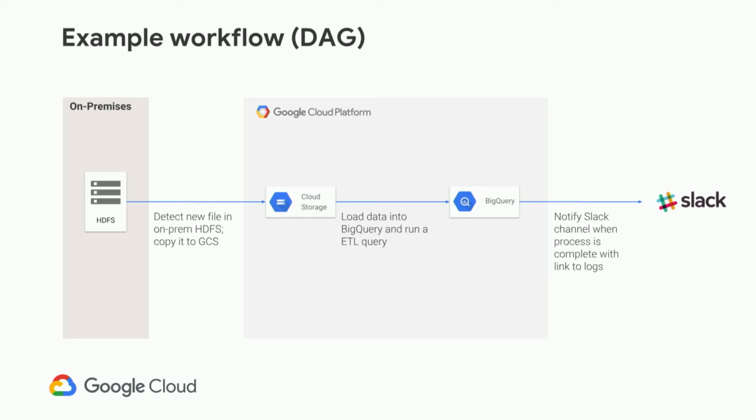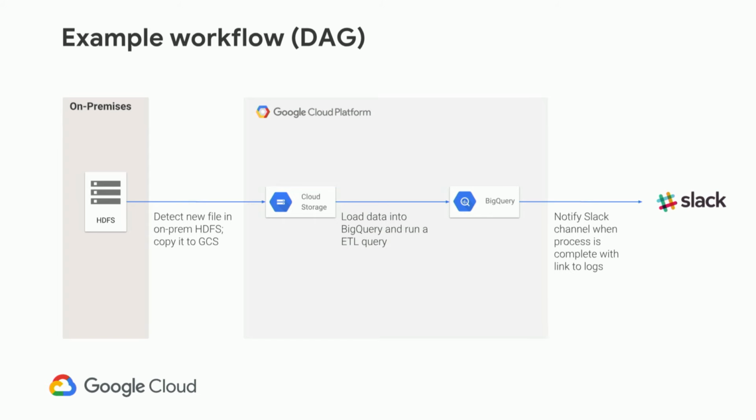And once the data is available in GCS, you may want to launch a BigQuery job and process the data and then get some useful insights from the data. And once those insights are available, you may want to send that data to a Slack channel. So that could be some of the typical workflows you will run inside Composer.